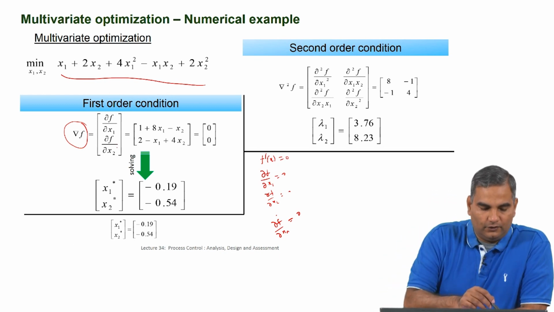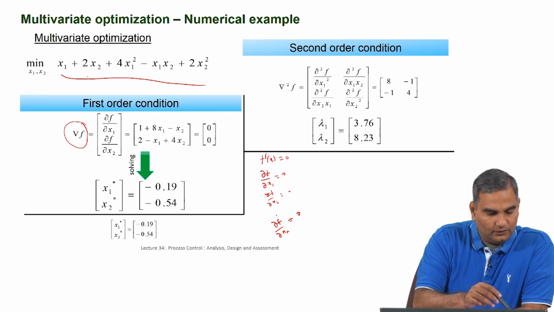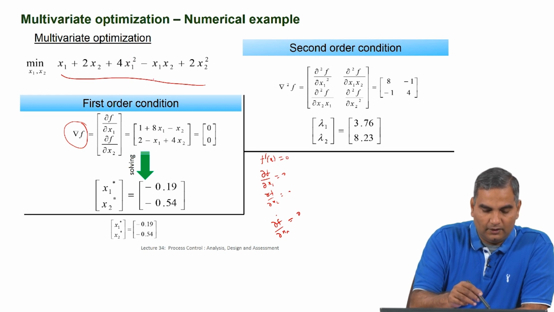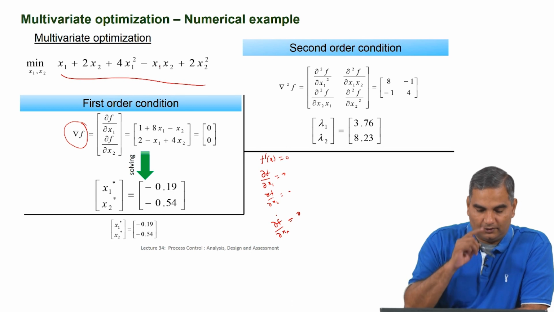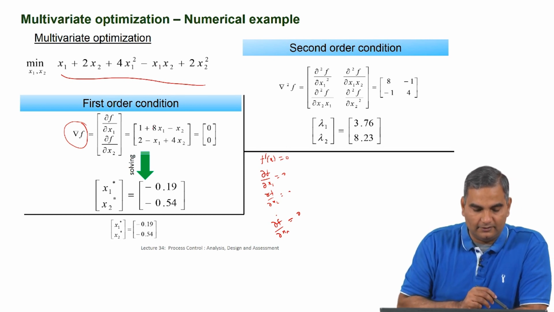So, when we do ∂f/∂x1, the partial of x1 with respect to x1 is 1, partial of x2 with respect to x1 is 0, partial of 4 x1 squared with respect to x1 is 8 x1, and partial of x1 x2 is x2 with respect to x1. So I have ∂f/∂x1 as this.